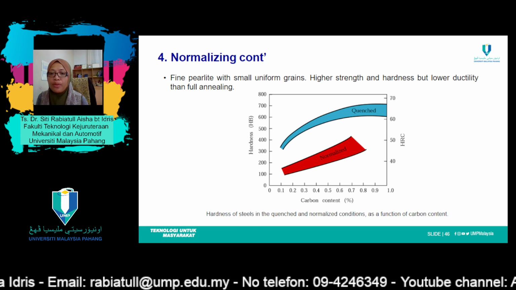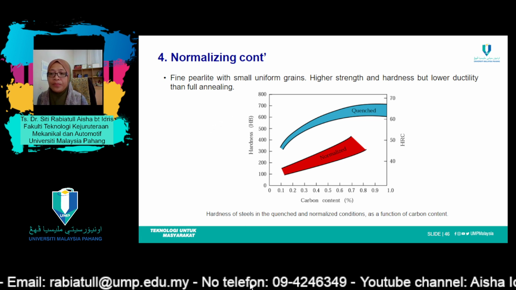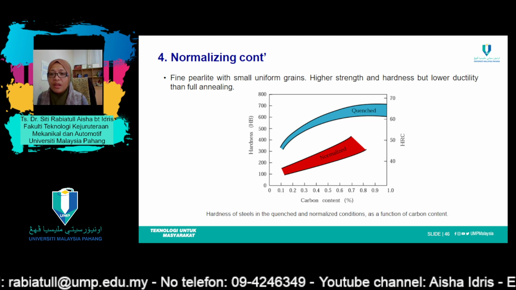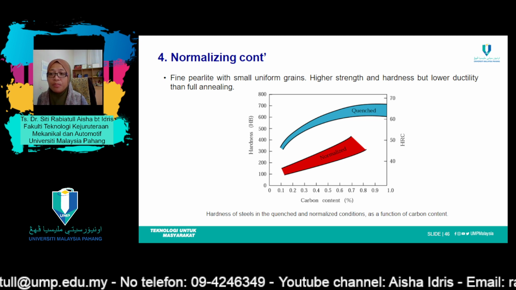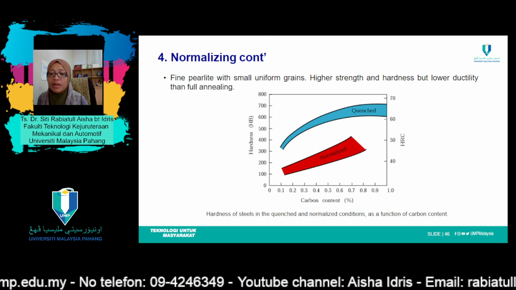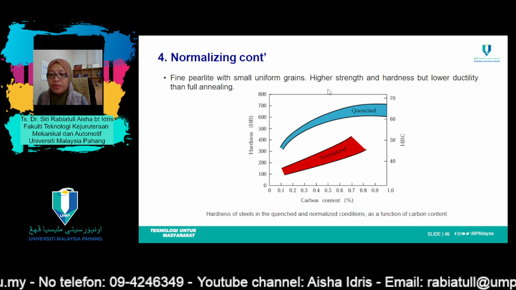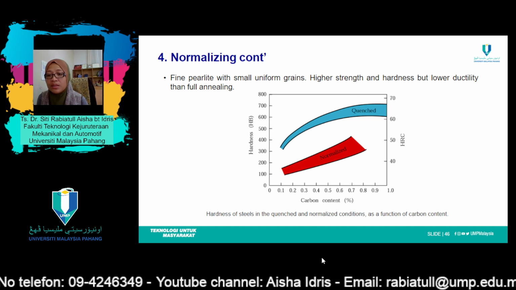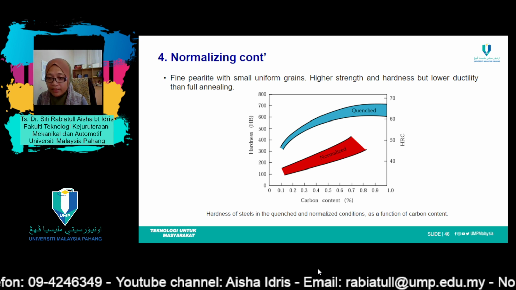A fine product with small uniform grains has higher strength and hardness but lower ductility than full annealing. So you can refer to this diagram for hardness versus carbon content here.